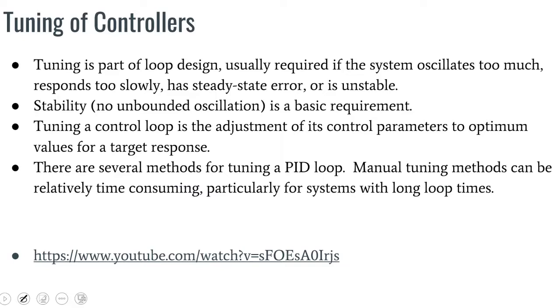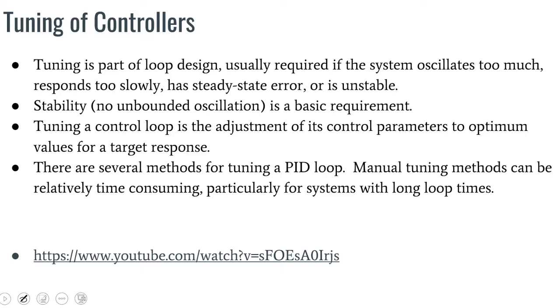So when we talk about tuning PID controllers, what we mean by tuning is particularly identifying these K values, these constant values suitable for the PID controller, and identifying them so that we are reducing the system oscillations, we are getting good response times, we are reducing the steady state errors, and we are achieving stability.